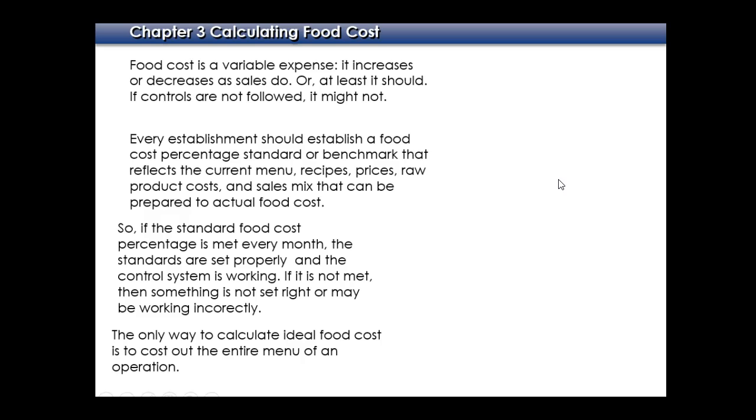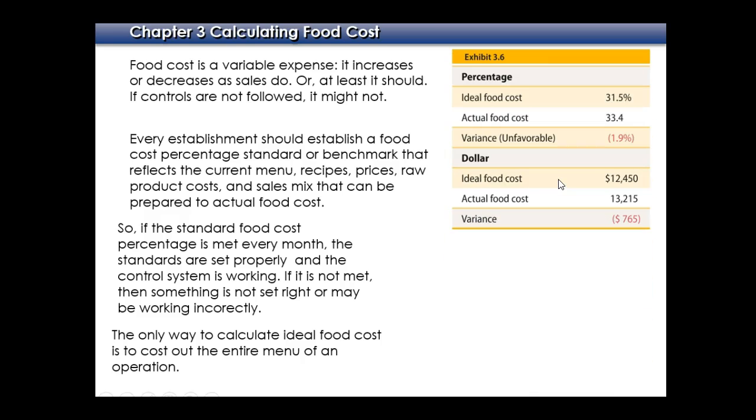And the only way to accurately calculate food costs is to cost out every single menu item in the operation. And that's what we're going to be doing next week, but we're only going to do one, just as a concept. So over here, I just want to show things and maybe put a little bit more perspective. So here is the food cost, and then when you add in all the other expenses, that was a difference of 1.9%.